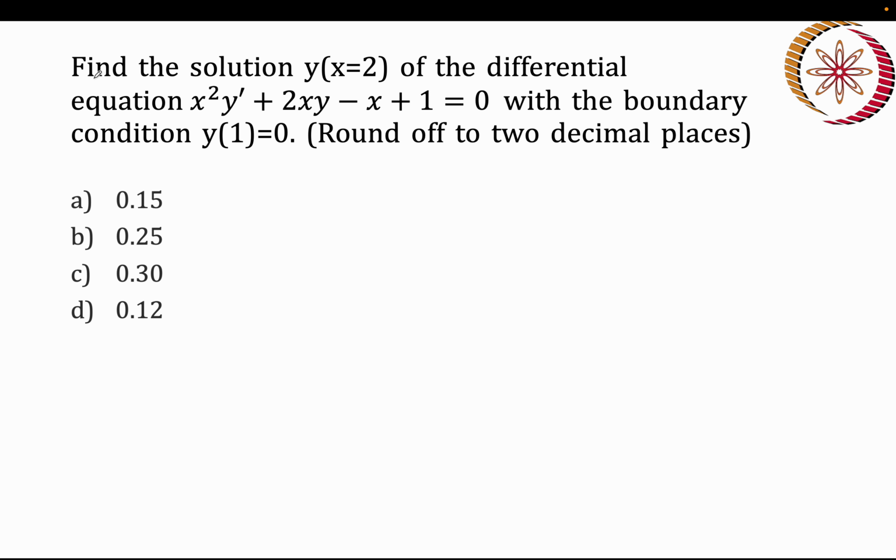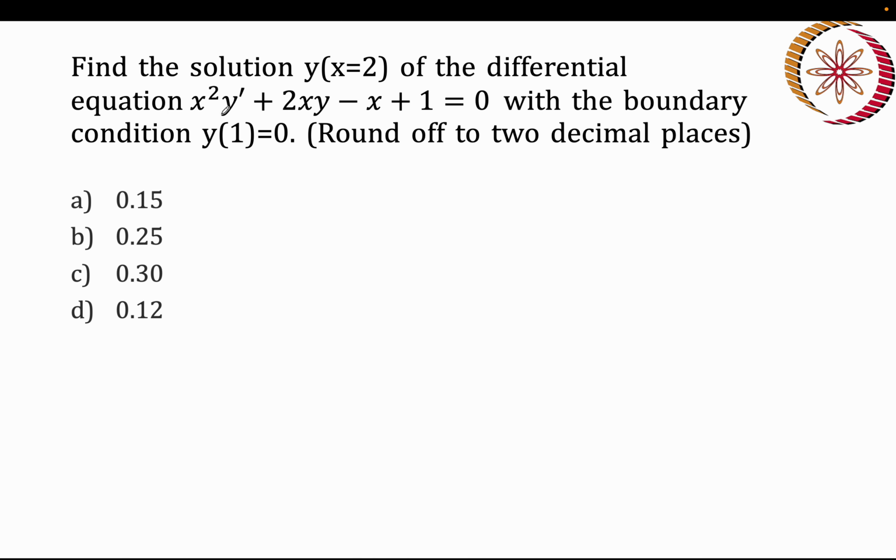The next question is: find the solution y at x equal to 2 of the differential equation x square y prime plus 2xy plus x plus 1 is equal to 0, and the boundary condition is given.